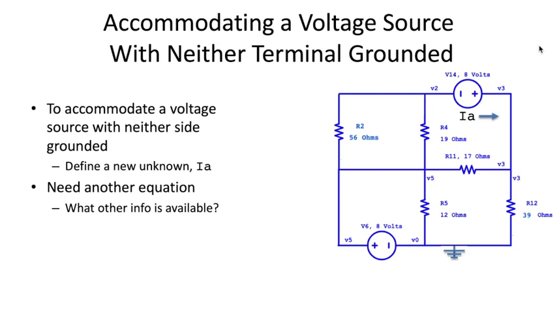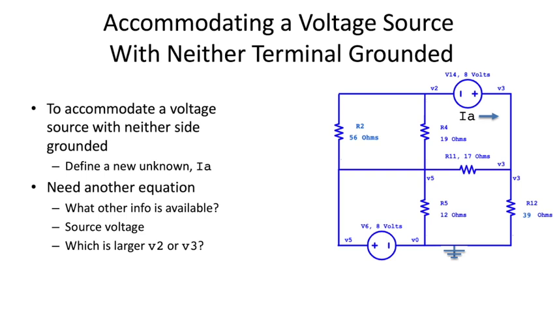So what information is out here in the circuit that hasn't been used yet? Okay, this source voltage, that 8 volts, hasn't been used in any fashion within the set of equations we've defined, and clearly that source is in between nodes 2 and 3, so that source is forcing a voltage difference between those 2 nodes.